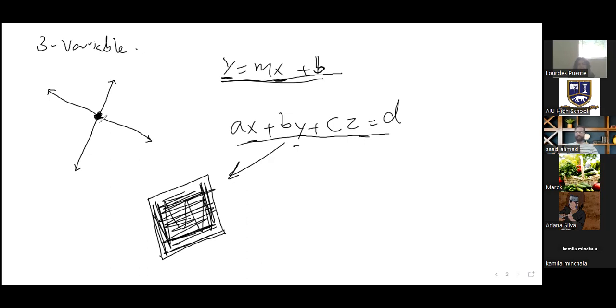Wherever they intersect, that's the solution. If 2 lines are parallel, they do not have any solution. And if 2 lines are overlapping over the same place, then they have infinitely many solutions.